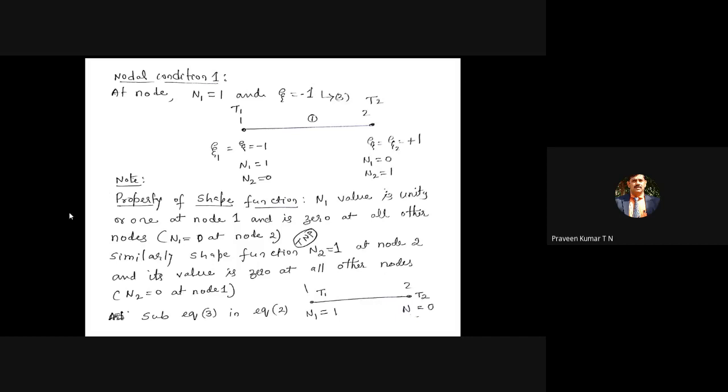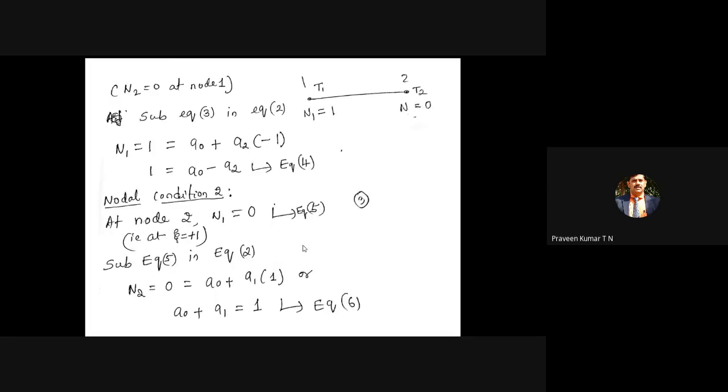The same thing is shown here. N1 value is unity, or 1, at node 1 and is 0 at all other nodes. In our case, there are only 2 nodes. At node 2, N1 is equal to 0. Similarly, if you consider N2, its value is 1 at node 2 and its value is 0 at all other nodes. Those are the nodal conditions.